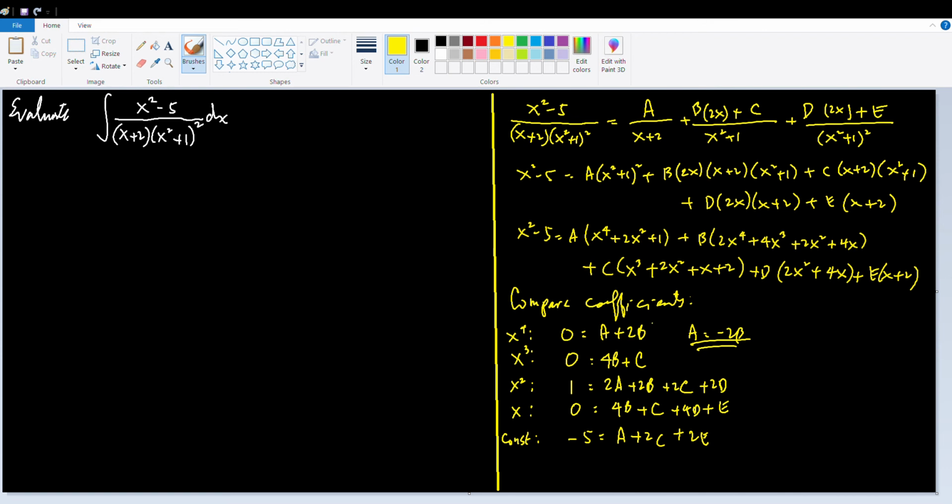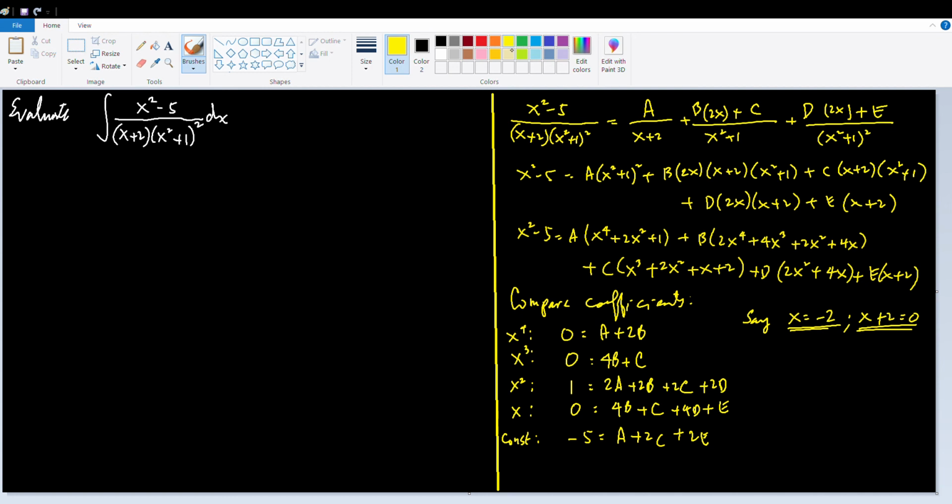But we can use the comparing coefficient method in combination with the substitution method. Remember the substitution method, wherein we substitute a value to x to make one of the factors 0. Here, let us say x is equal to negative 2. So all factors x plus 2 will become 0.